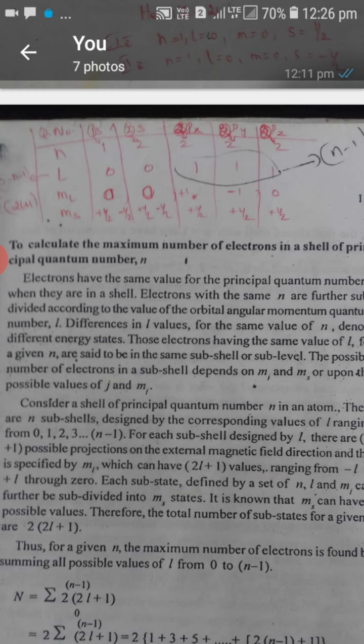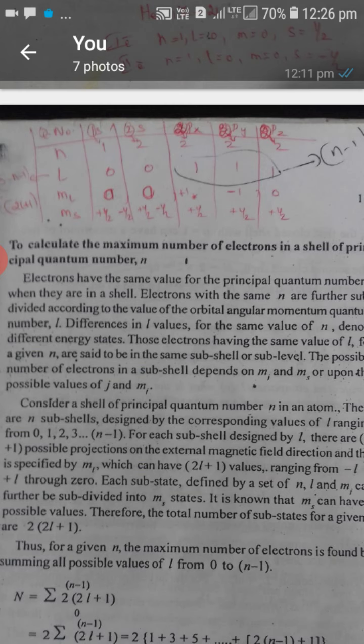Each subshell has an l value, and each has a magnetic orbital quantum number, ml. This ml takes values from l, l minus 1, l minus 2, etc., to 0, minus 1, minus 2, etc., to minus l.